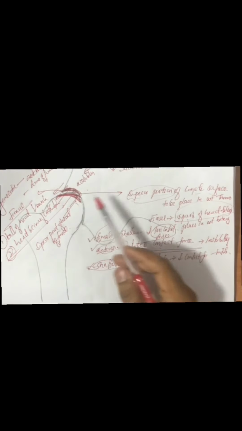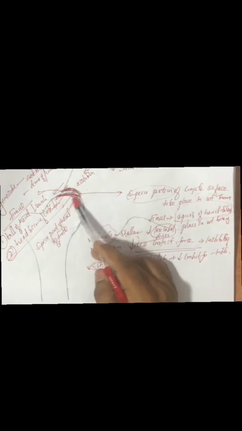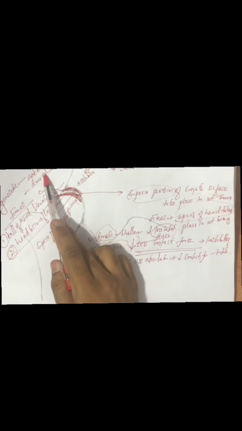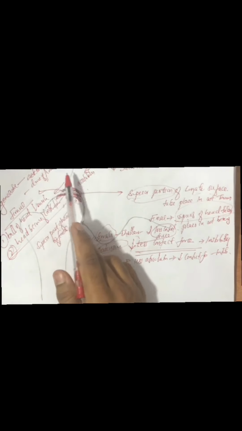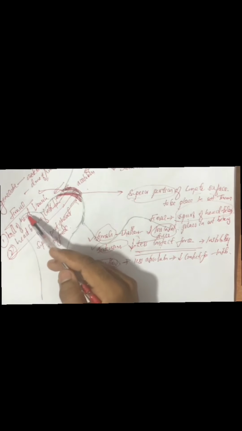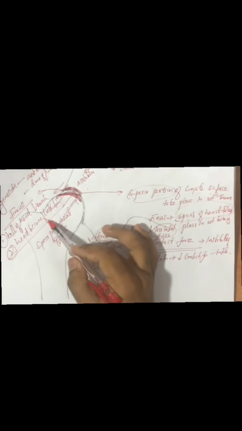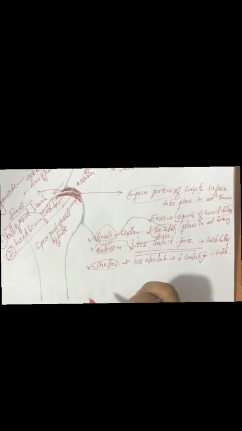But in the long run, if there is more contact and more contact force, it can lead to degeneration of the acetabulum and the femur as well. In the acetabulum, degeneration can take place in the dome and the lunate surface. In the femur, degeneration can make the ball shape of the head vanish, or the head becomes flattened. Those are the changes.